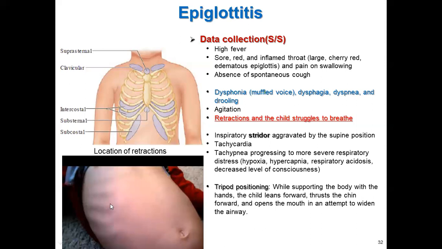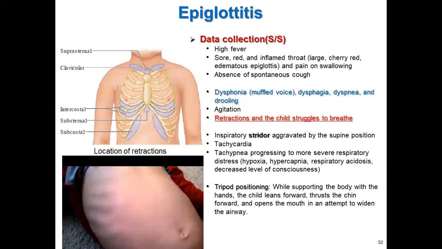If I ask you, can epiglottitis be treated at home? The answer is no. The child must go to hospital immediately, right? Let me read it. Respiratory stridor aggravated by supine position. If you examine, we can get tachycardia, tachypnea, meaning heart rate goes up, pulse rate goes up, respiratory rate goes up, because the patient is under anxiety.